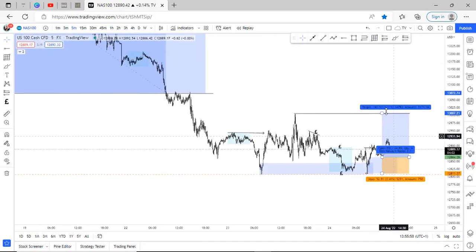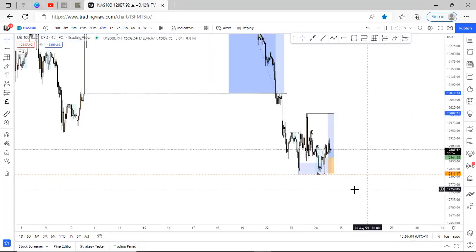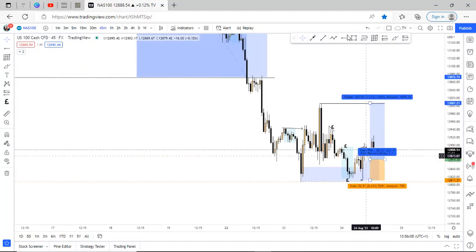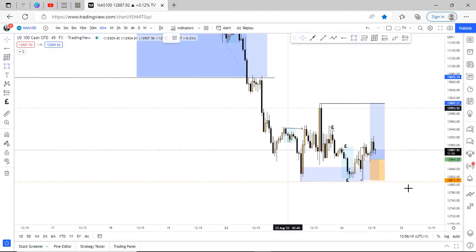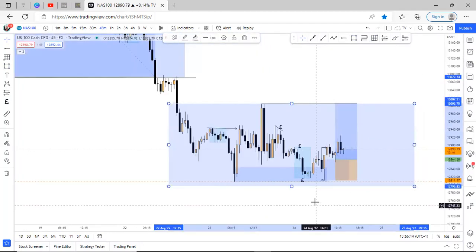Actually, I don't have my take profit set, but I'm presently on the chart, and I'll be watching what price does. This is actually not a very good trade as such, because as you can see, all of this looks like a consolidation.